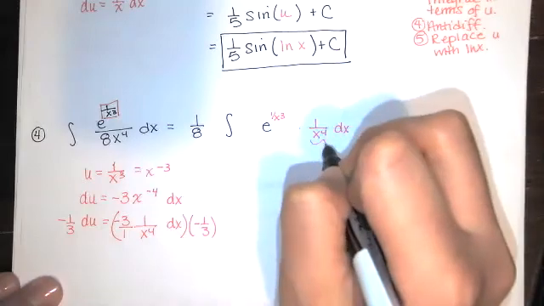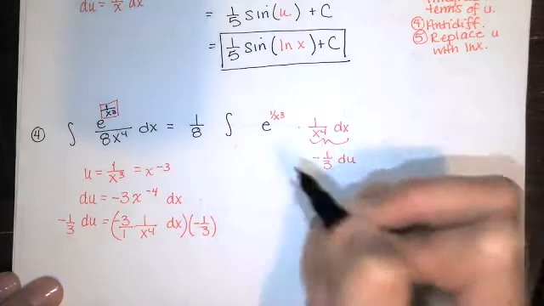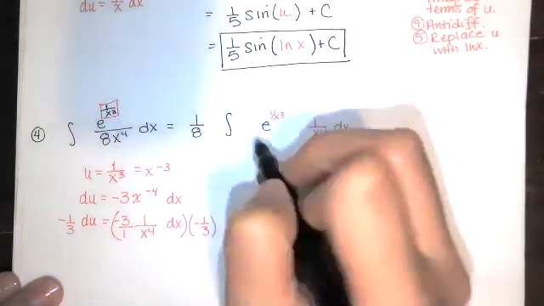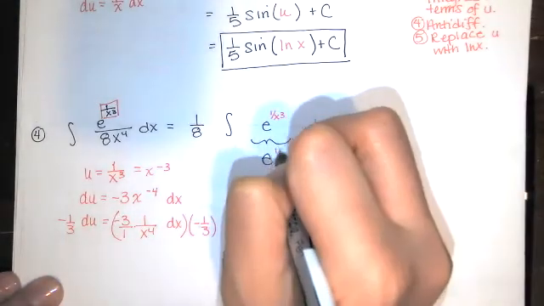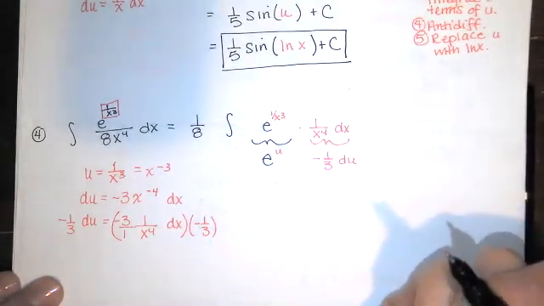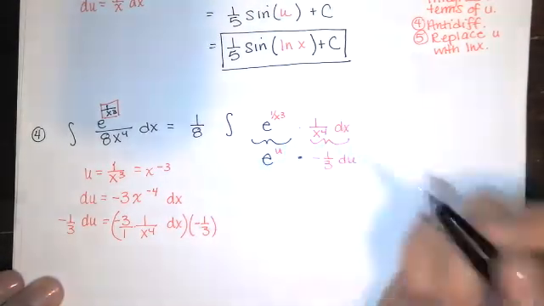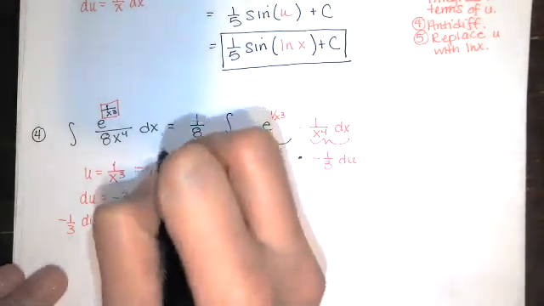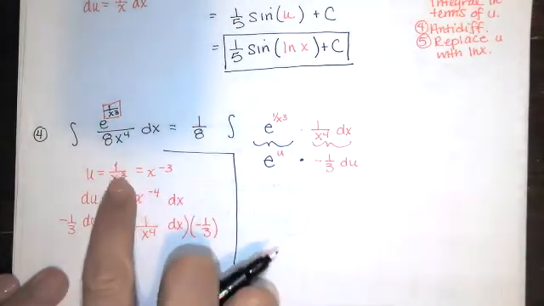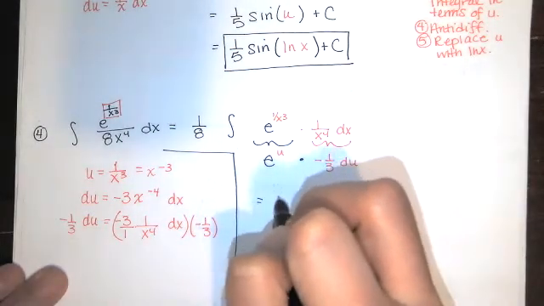Okay, so this can be rewritten. That can be replaced by -1/3 du. And then this piece can be written as e raised to the u power, because that was our choice for u. Now this looks like I'm subtracting 1/3. I don't want to do that, so I'll put a little dot there for multiplication. And then don't forget that 1/8 from before. So we've chosen our u, we've computed du, we've adjusted the constant, and then we wrote our integral entirely in terms of u, almost.